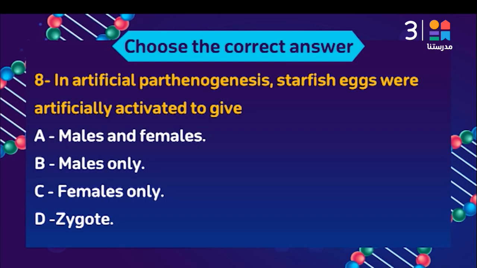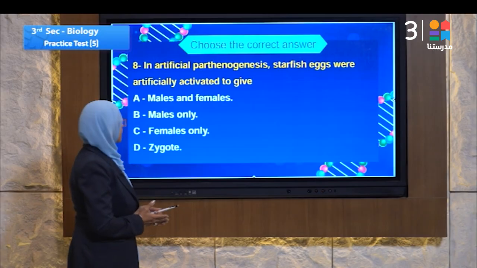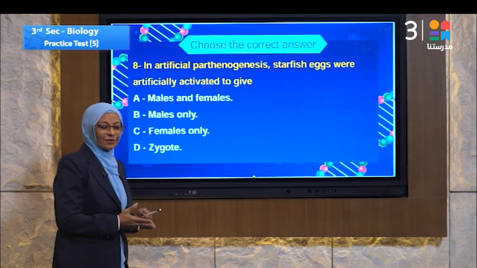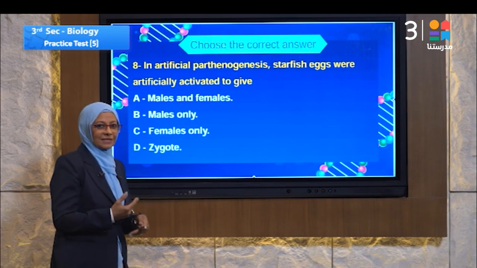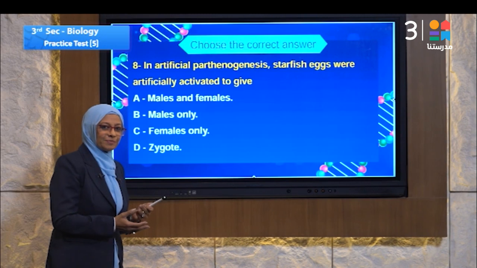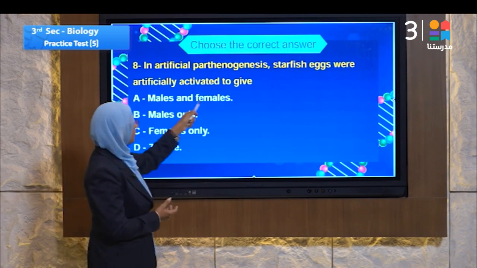In the artificial parthenogenesis, here is a type of reproduction done by one parent only. Let's read it again. In artificial parthenogenesis, starfish eggs were artificially activated to give, meaning the sex of the offspring. Males and females?